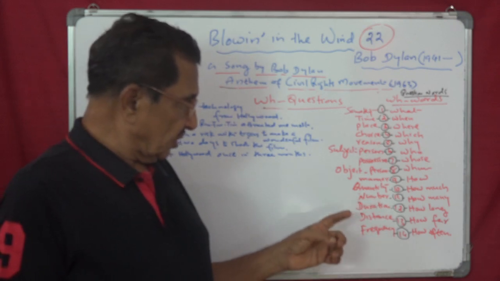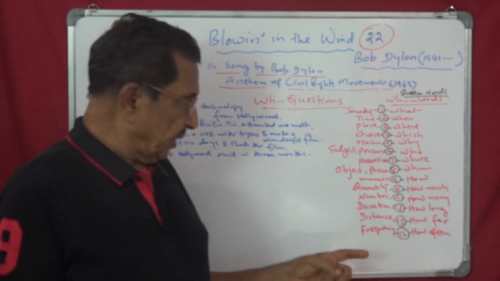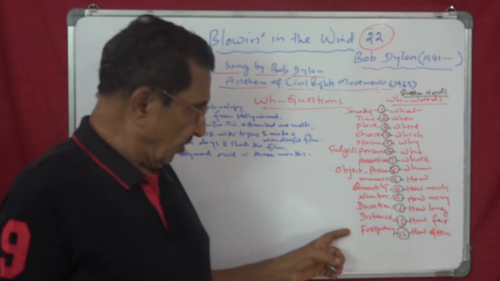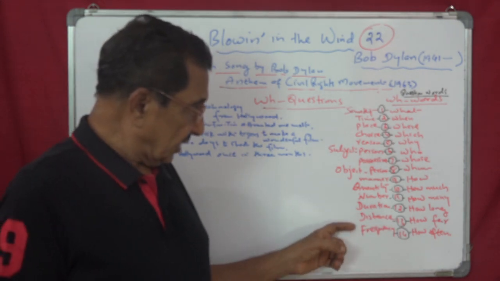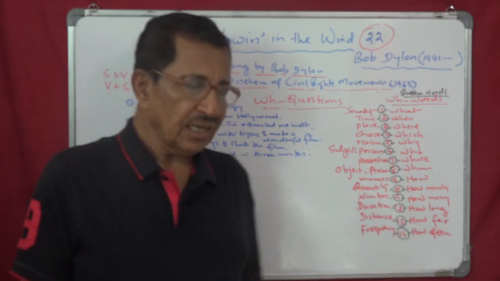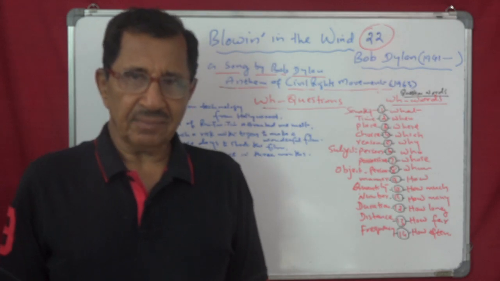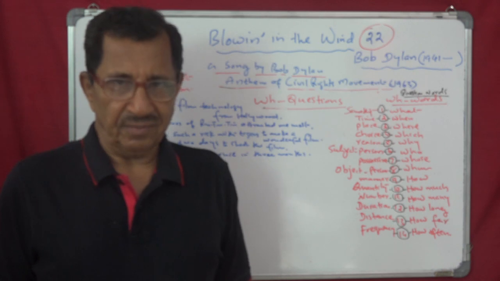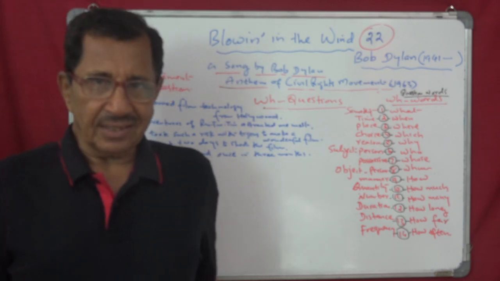Quantity, how much. Number, how many. Then you have got distance, how far. Duration, how long. Frequency, how often, how many times you do something. So that you write, you use how often. Understand that? I think now that is clear to you.